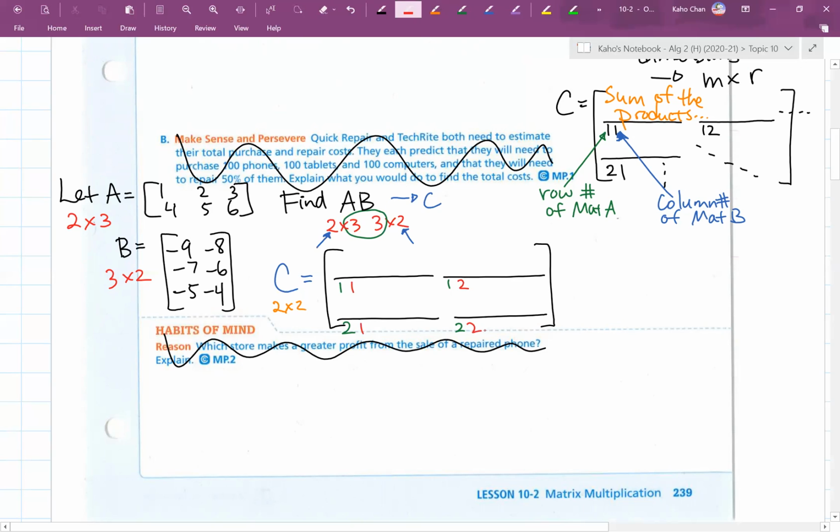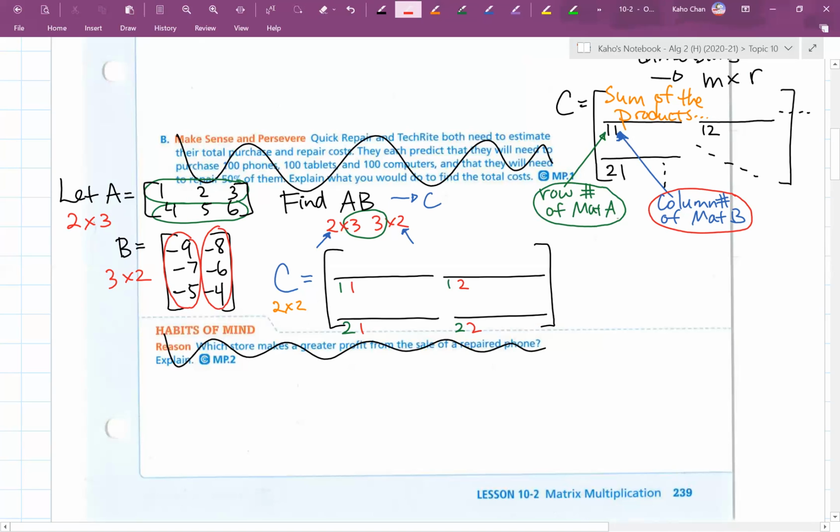Okay. Each address in the blank matrix represents, the first number represents, as you remember, the row number of matrix A. So I'm going to circle the rows of matrix A as row 1, row 2. The second number represents, and I'll use red to contrast it a little bit better, the column number of matrix B. Those are these guys right there.